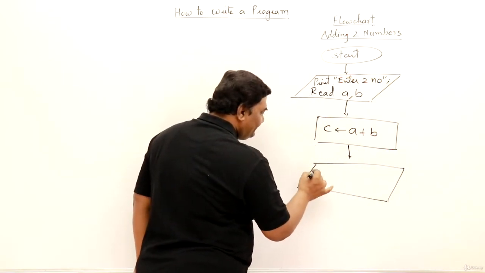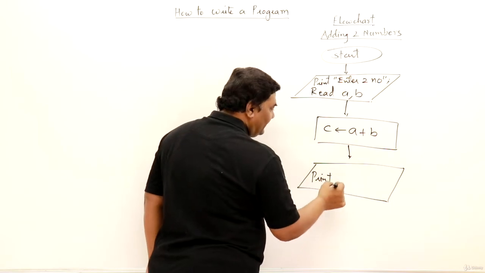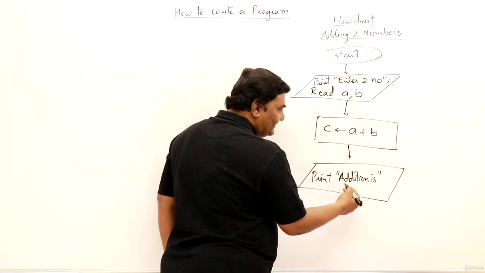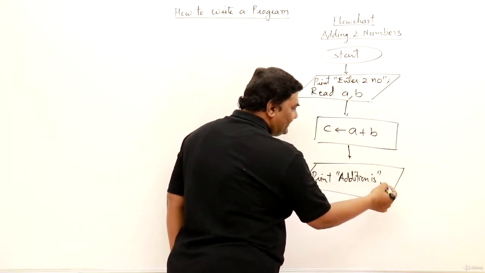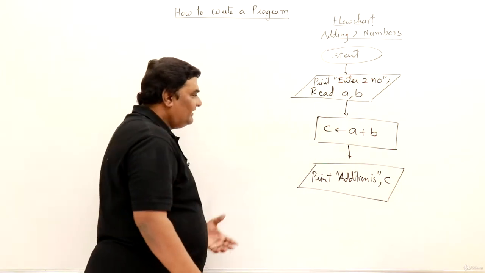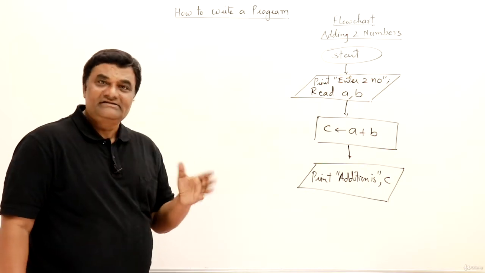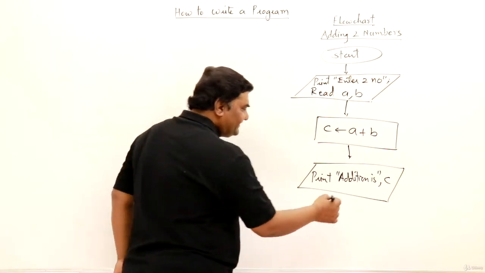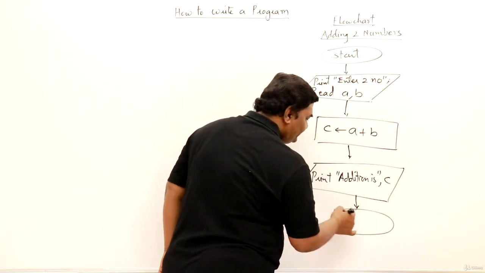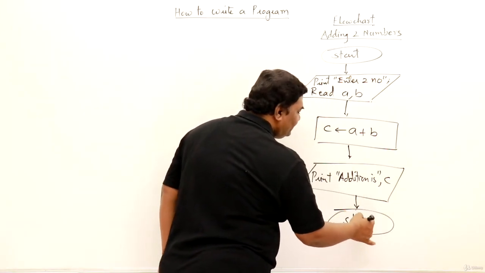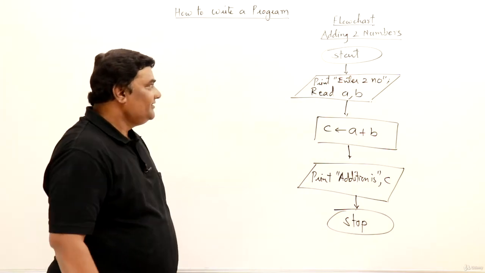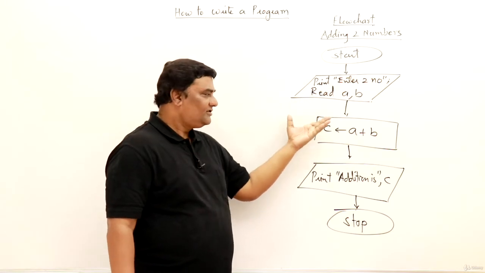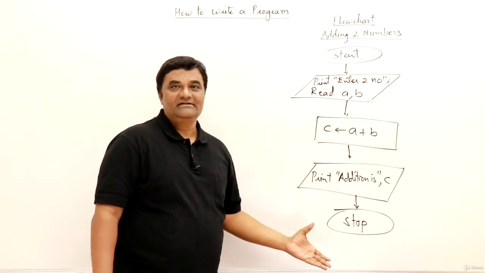Here I will say print "addition is" in quotes, because it's a message, then comma C. So it will say addition is, then the result, whatever the result is, that is there in C. Then next is the end of this procedure. So this is stop. For that, an oval or ellipse is the shape we use. So start, take input, process, give output and end.